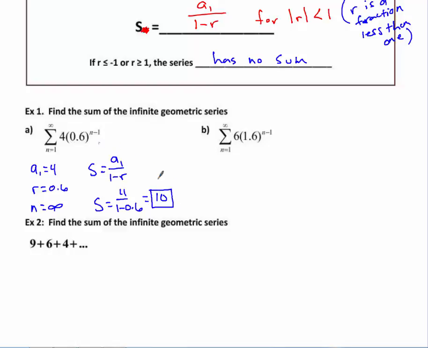And that may not make a lot of sense to you, but our pattern here goes: a sub 1 is 4. Then we're going to add a sub 2. So we put a 2 here. It's 2 minus 1, which is 1, giving 2.4. Then we do a sub 3.